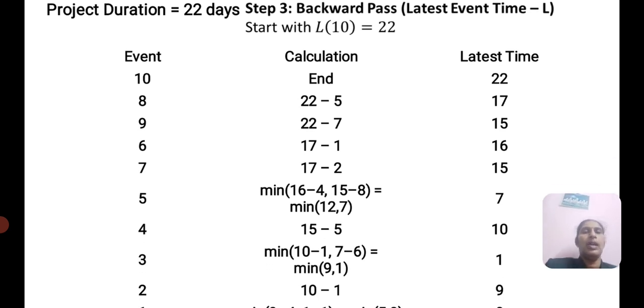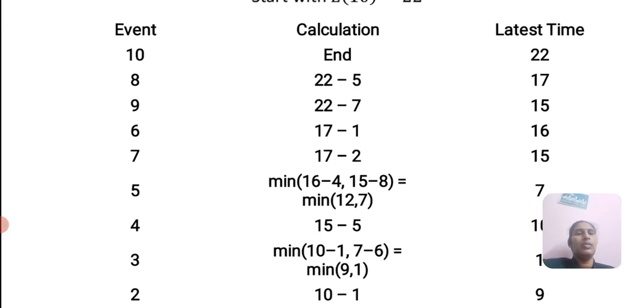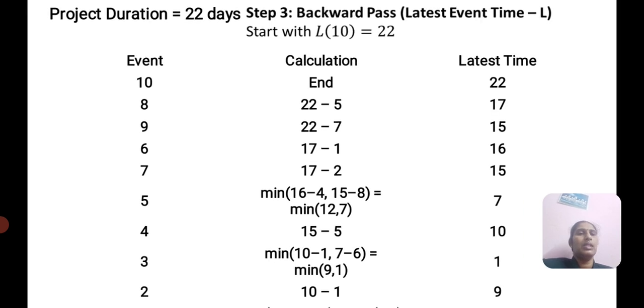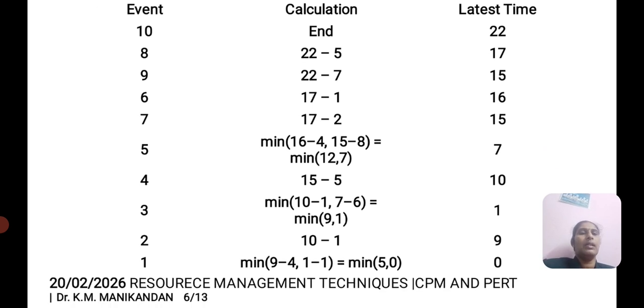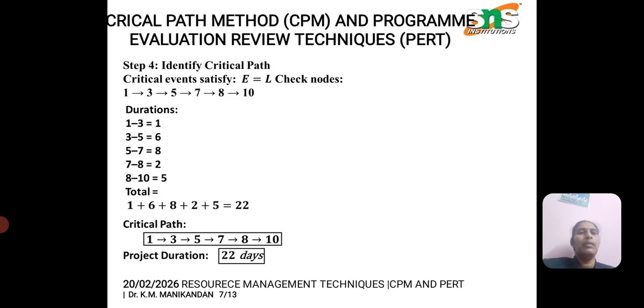If two ways occur, we take the minimum value: 16 minus 4 or 15 minus 8, we take the minimum value, that is 7. Next, 10 minus 1 is 9. Like that we calculate the minimum backward pass values.